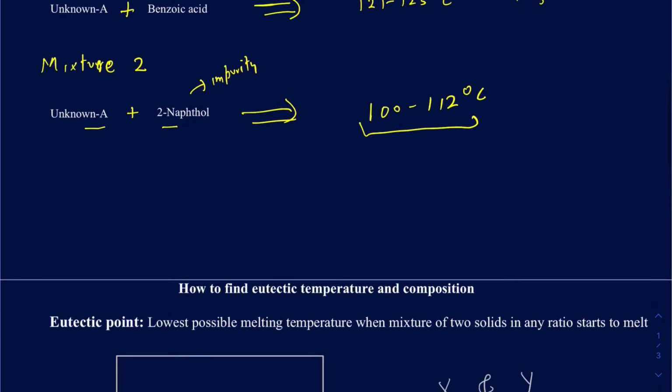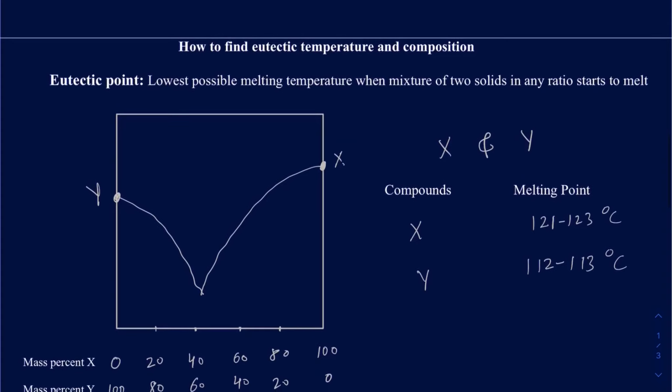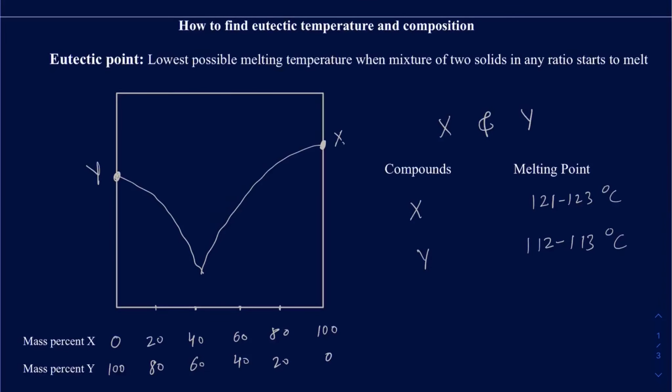Now let's talk about another common term that's usually used when you're dealing with melting point labs, which is the eutectic temperature and composition. The eutectic point or temperature is the lowest temperature at which a mixture of two solids, in any ratio, will start to melt, rather than melt all the way.